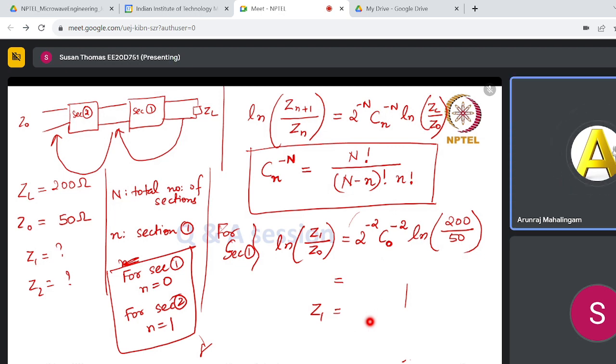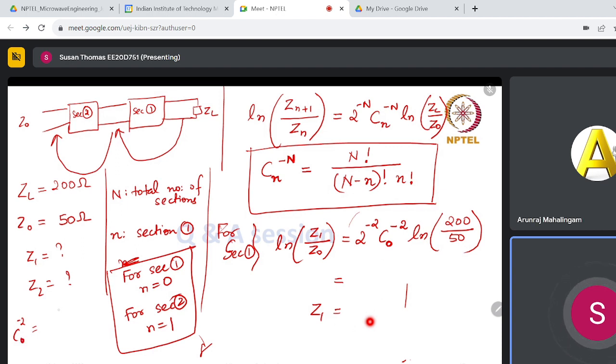Madam, the C0 minus 2 is there, capital N is 2, small n is 0. 0 factorial is 1. Suppose you want to evaluate C naught raised to minus 2.